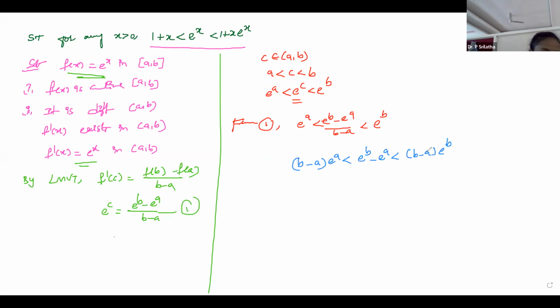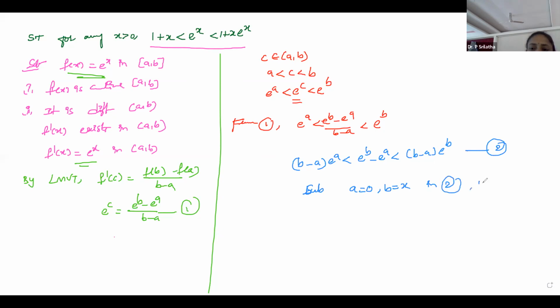Now let us consider this as equation 2. Now substitute the values: a is 0, b is x in equation 2.